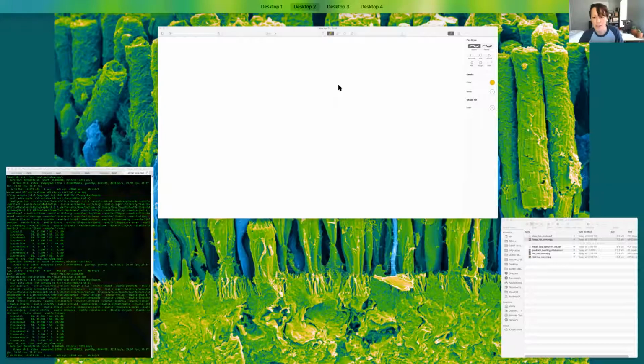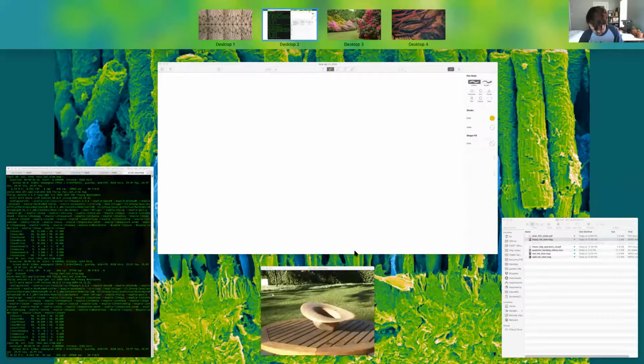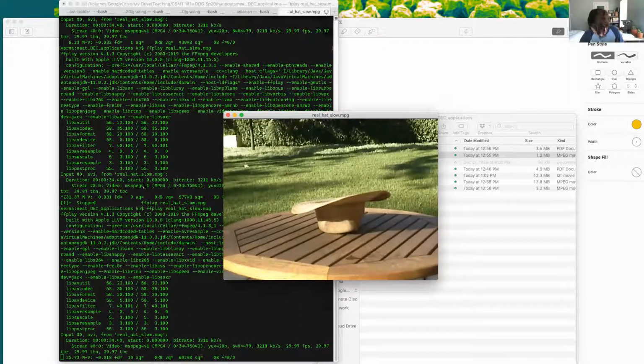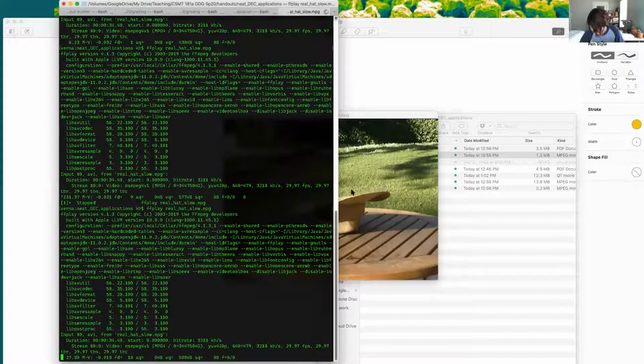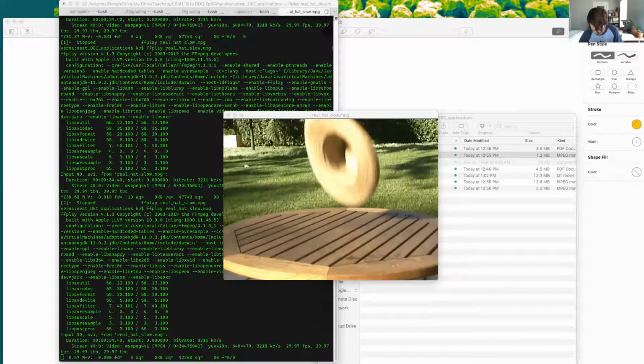I think you will not be surprised to know that this video is in such an old format, I can only show it on an old-timey command line program. Turns out video codecs have changed in the last 15 years. Oh, there we go. Okay, check out this straw hat. Nope.